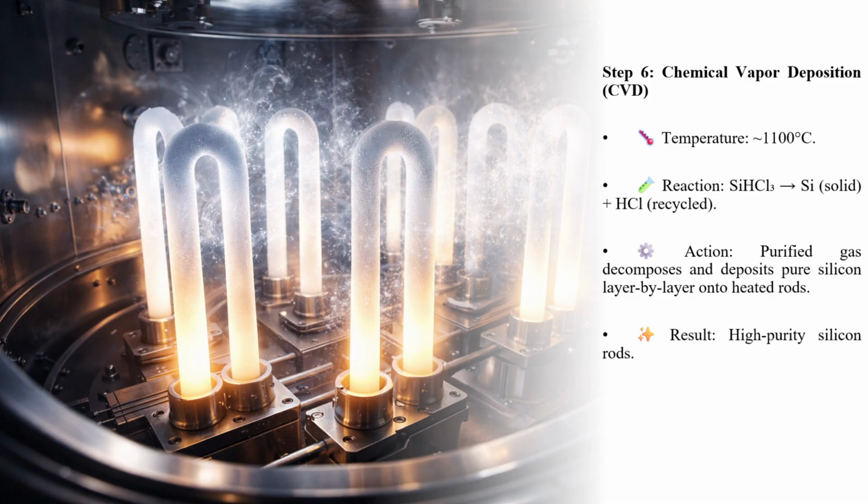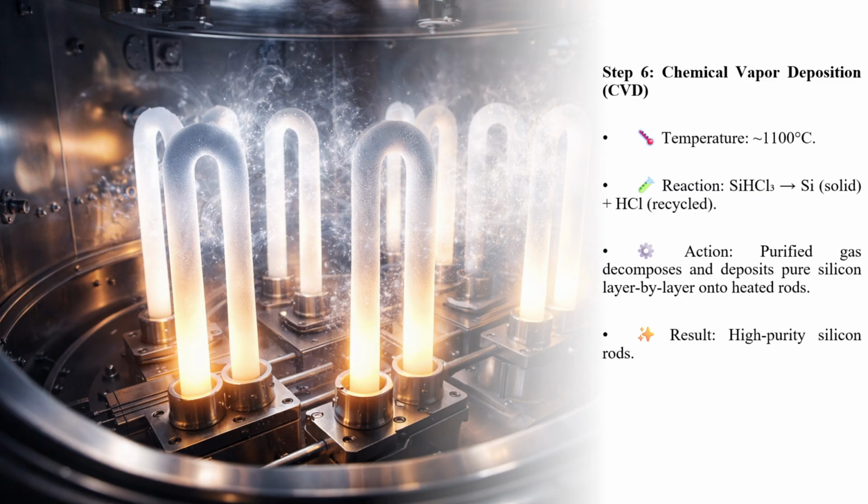The further step is chemical vapor deposition, called the CVD process. Here we are converting gas back into solid silicon. This happens in a Siemens reactor at around 1100 degrees. The trichlorosilane converts again into silicon plus hydrogen chloride.